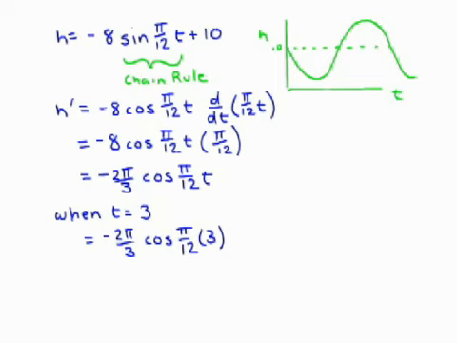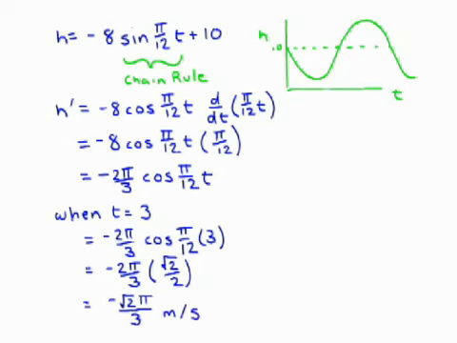So we have now -2 pi divided by 3 times a √2 divided by 2, which gives us a -√2 pi divided by 3, and the units of measure would be meters per second. If you wanted to express this as a decimal, it would be -1.48 meters per second.